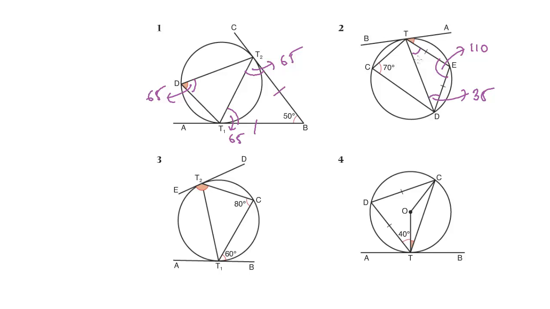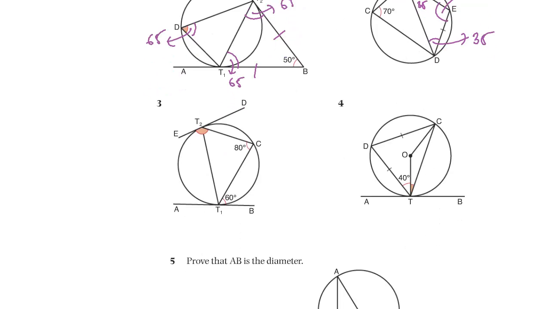So this is 35, this is also 35. Now we have a tangent over here. The proposition is that the tangent and the chord make the same angle as the chord makes at the circumference. The chord makes 35 degrees at the circumference. So this angle should also be 35 degrees by the alternate segment theorem.